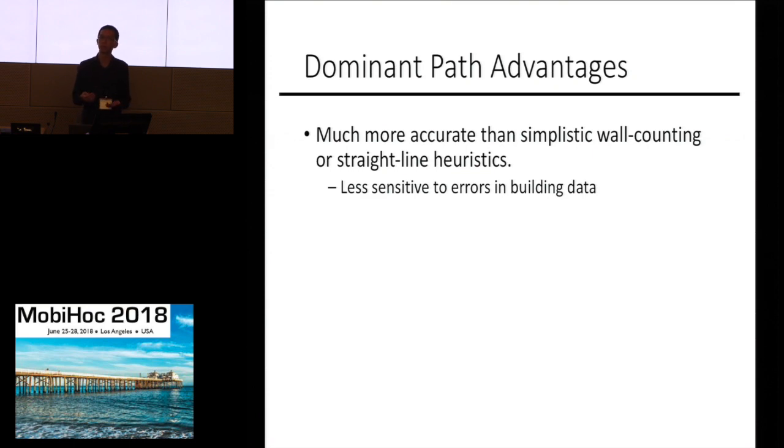For example, a model that's been used in an airport might not be usable in a typical office building. But in the dominant path model, we don't have this issue, so it's less sensitive to errors in the building data. The second advantage is that it's faster than the ray tracing method because we only need to consider one path instead of multiple paths.